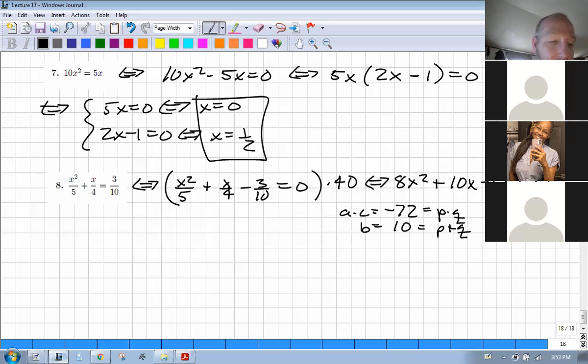Is 72 divisible by 3? It is. But their difference is not 10. What about 4? It's also 4 times 18. Their difference would give us 14. It's not divisible by 5. What about 6? 6 and 12. Their difference is not 10. 7, 8. 8 and 9.